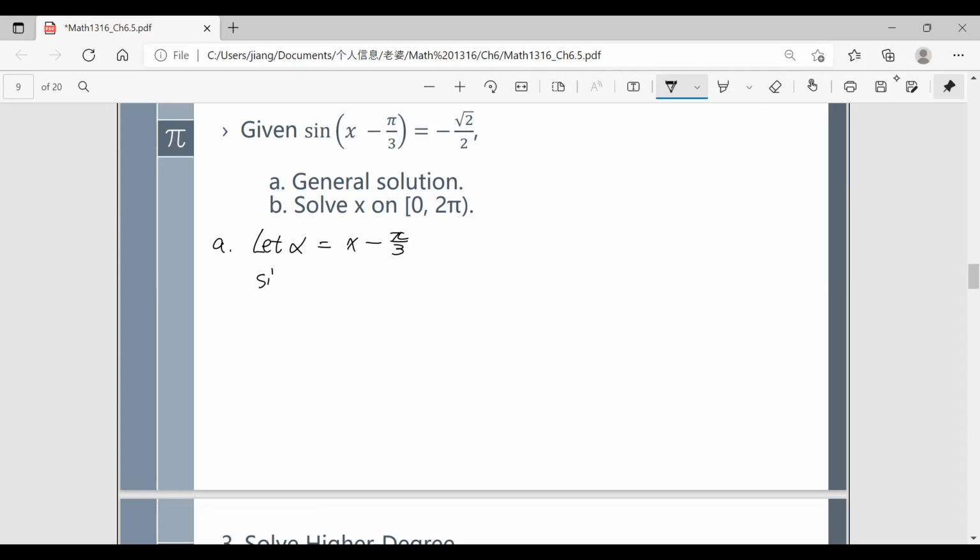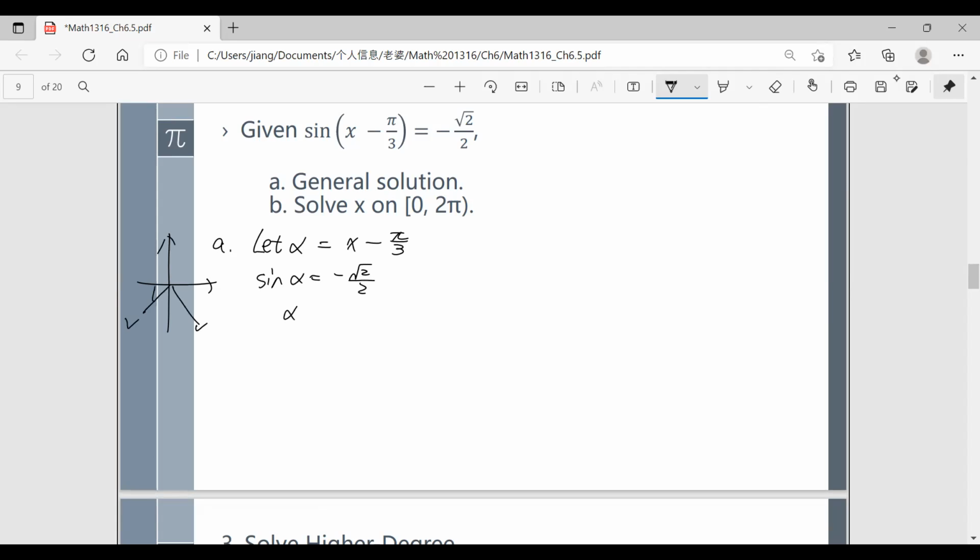So sine alpha equals negative square root of 2 over 2. So sine is a negative value. ASTC, so alpha must be in the third and fourth quadrant.